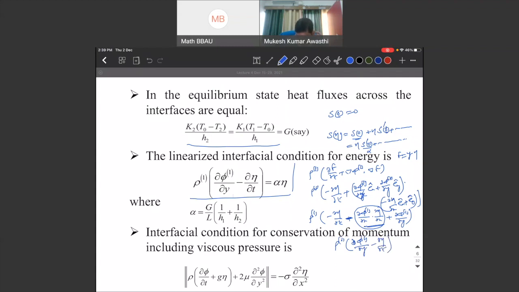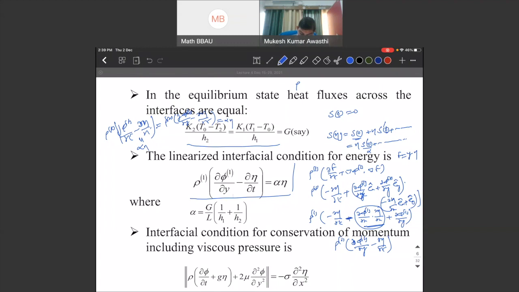So for the mass transfer case, we will have rho 1 del phi 1 by del y minus del eta by del t is equal to rho 2 del phi 2 by del y minus del eta by del t. That means for both the cases we have alpha eta.